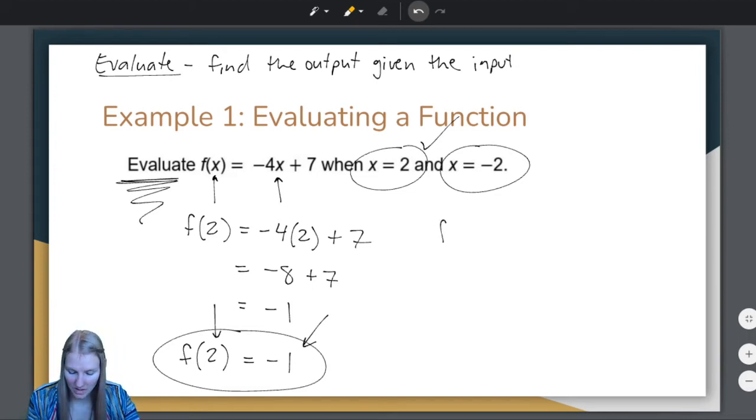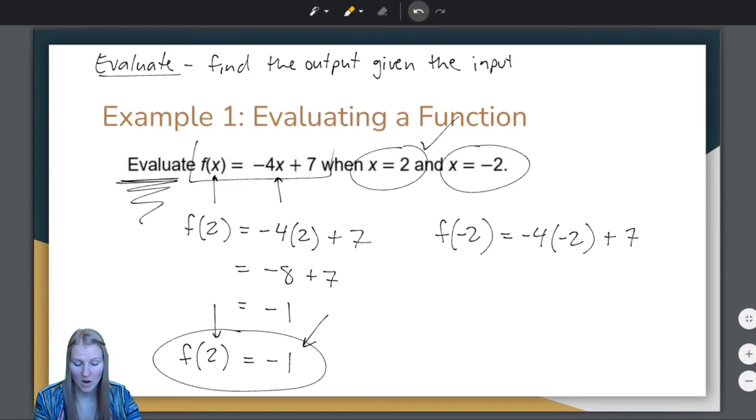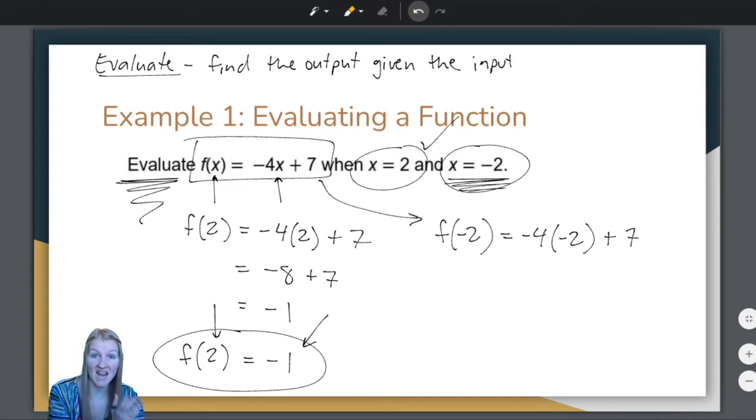So now we're going to take f of negative 2 equals negative 4 times negative 2 plus 7. We just rewrote f of x, but we changed all of the x's to negative 2's. So every x is now a negative 2. Okay.